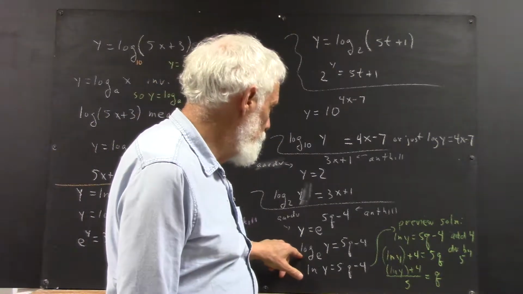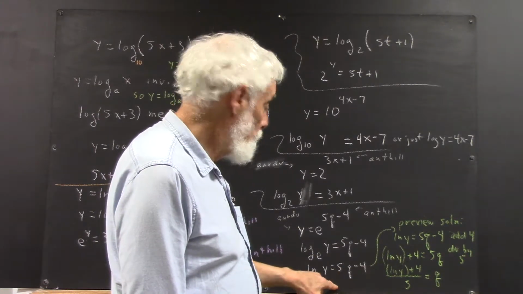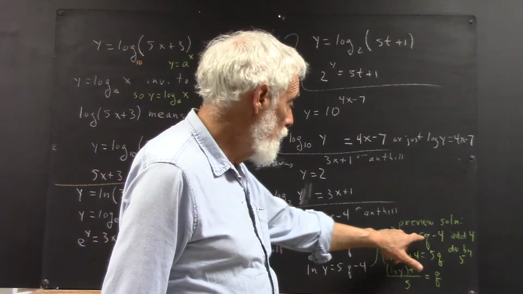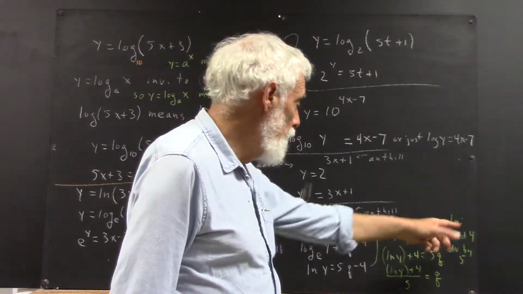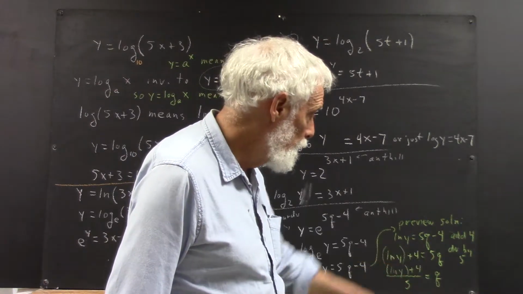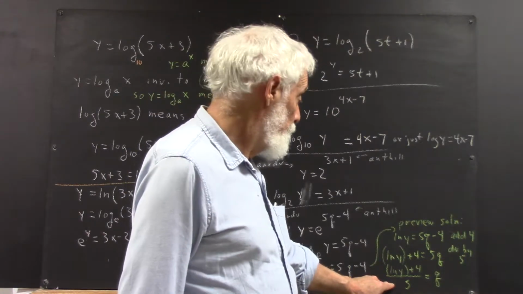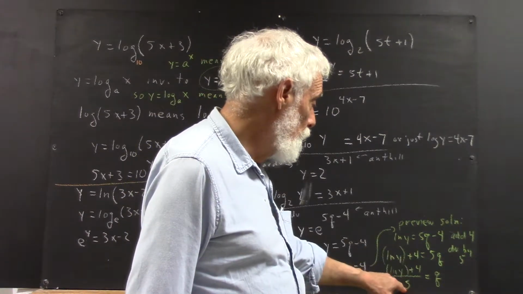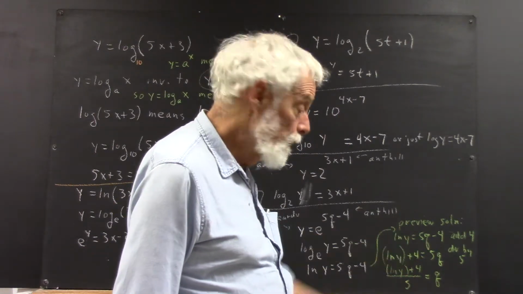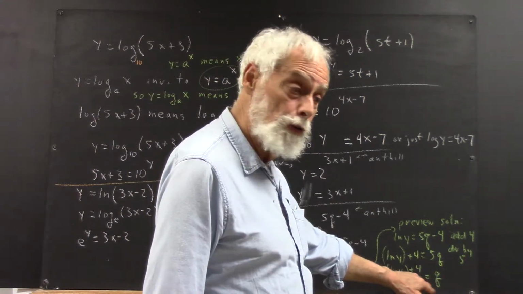And this, we could write log base e as natural log, and then this becomes very easy to solve. Okay, we've got natural log of y equals 5q minus 4. Add 4 to both sides, we get natural log of y plus 4 equals 5q. Divide by 5, and we've got q, which is natural log of y plus 4 over 5. Now, if you know the value of y, or you know what the expression is for y, and if you can evaluate that on your calculator, you have a solution for q.